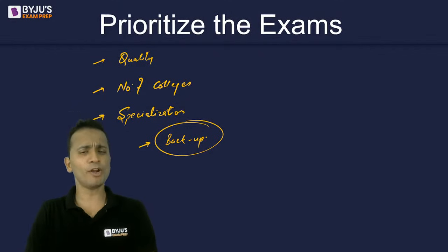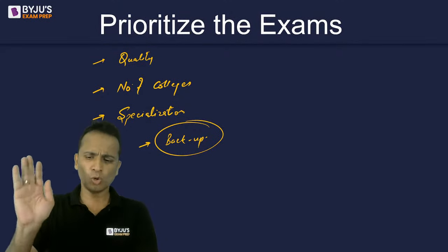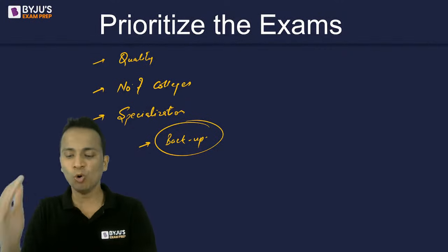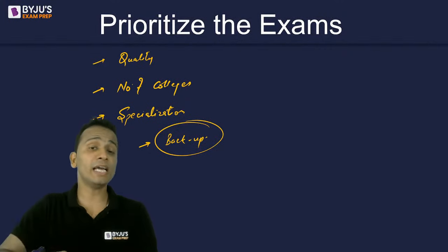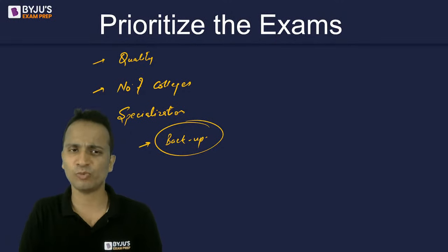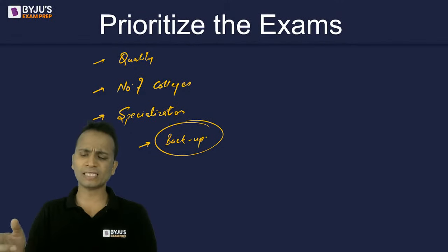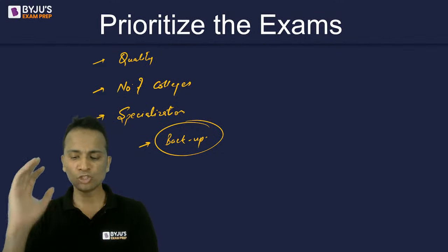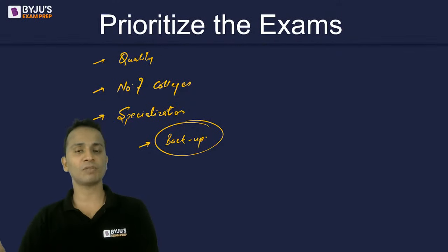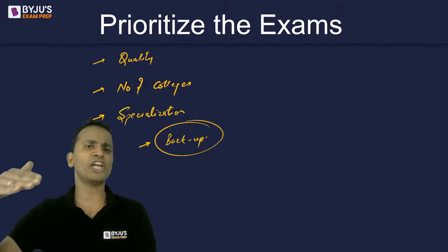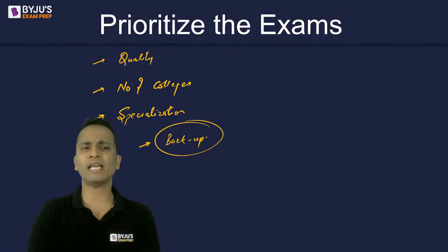Victor, 99.1 percentile, no. I have known lots of my students who have got admission in IISc Bangalore at a percentile of 95 or 96 as well, right? Like I told you, it's a combination of your score as well as profile. So you need to be a very good student. Yes, 99 percentile you are saying is the cutoff. So it is the general cutoff, but it will include the profile as well.